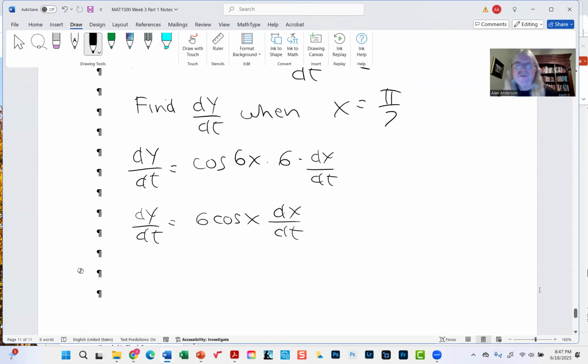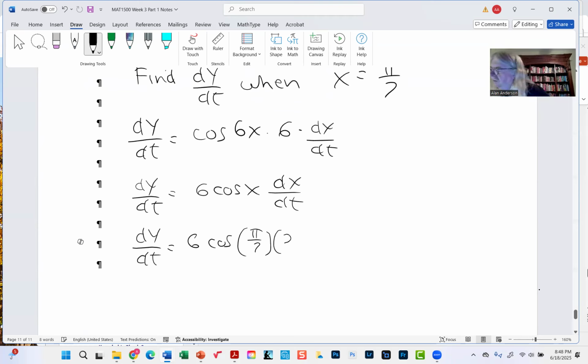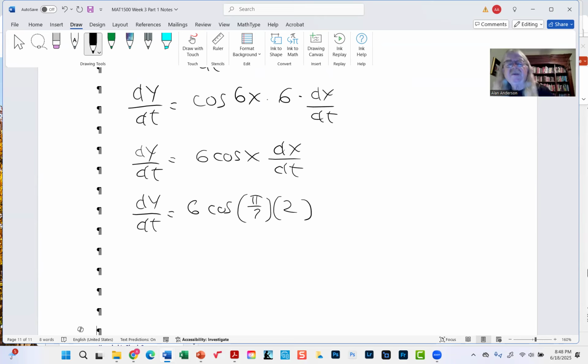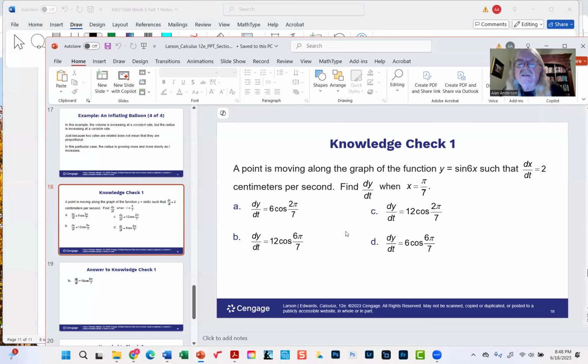We know that x is pi over 7 and dx/dt is 2. So first we have to go look up the cosine of pi over 7. Or actually, maybe this is good enough. We could actually figure out the exact value, but I think this is what they wanted.